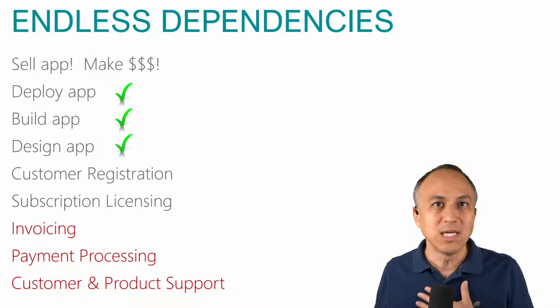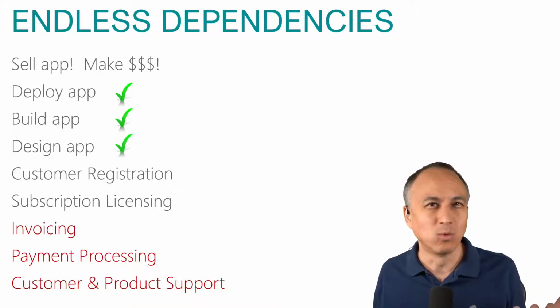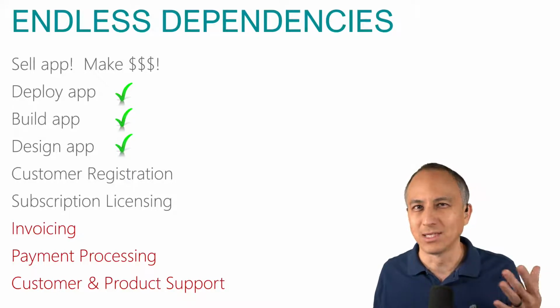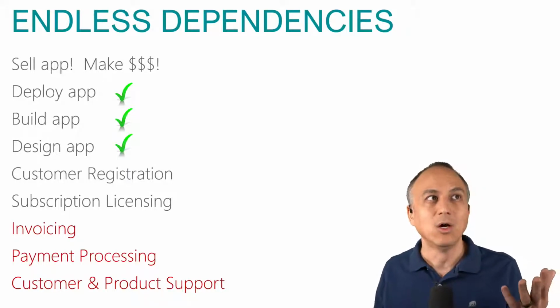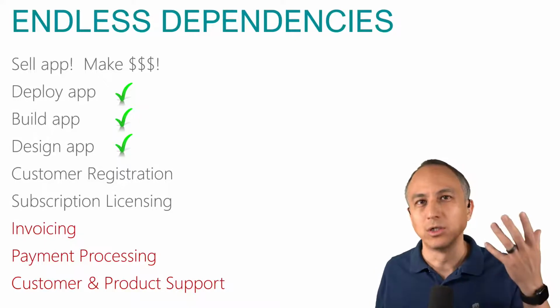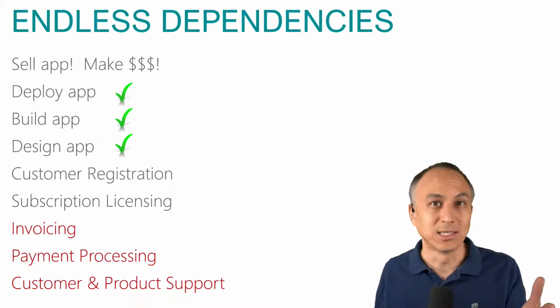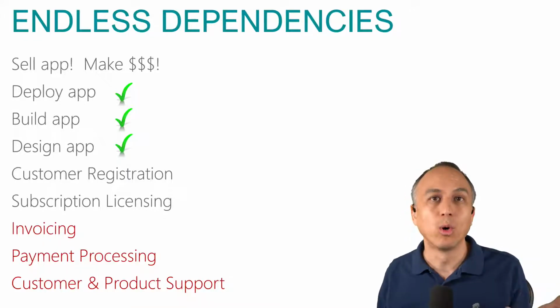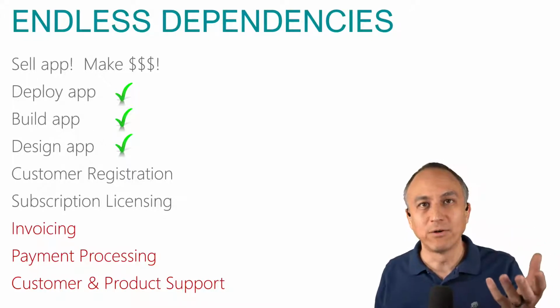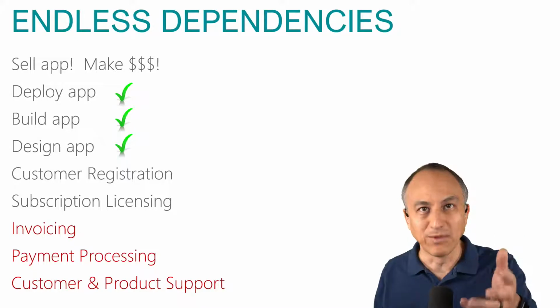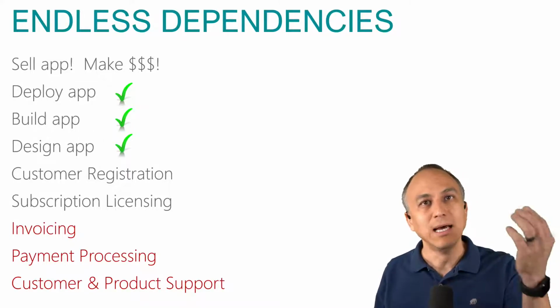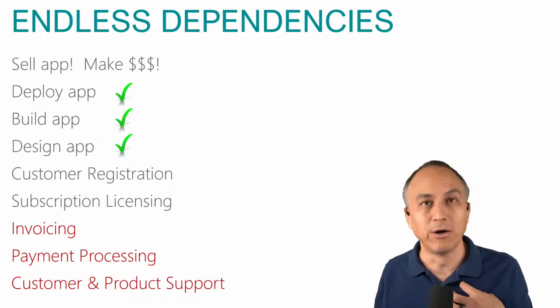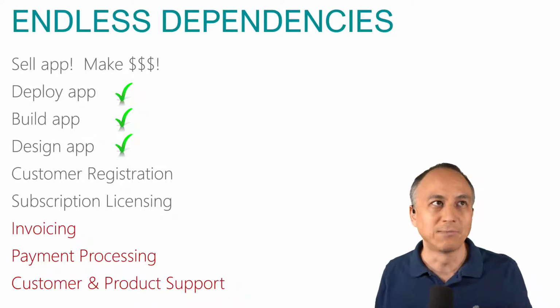So after seeing how that process works, how unreliable and kind of weak it is, we're going to go with our own additional in-app registration process. We want a more reliable way of collecting information about the customer, having them submit information to us, and we want to collect that on our own, completely independent of the AppSource process.